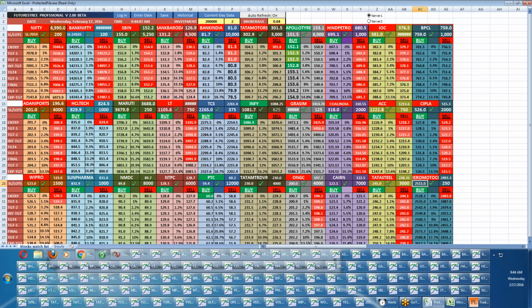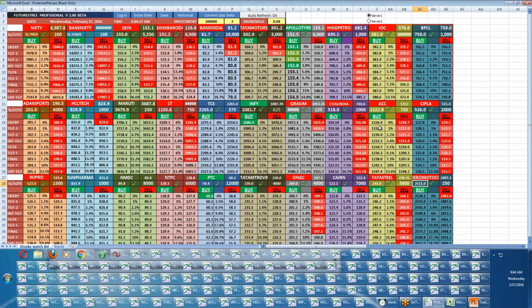So Hero MotoCo we have a sell 2493. That's at the entry. So Wipro we have a sell 520. ACC you have covered your losses.